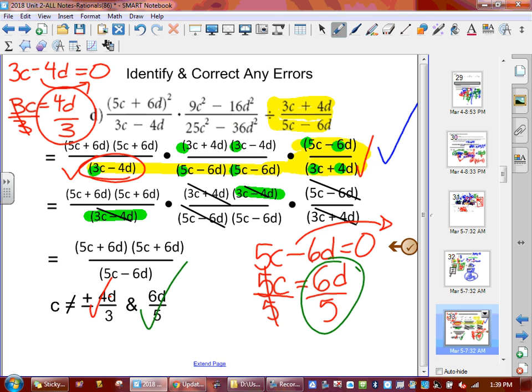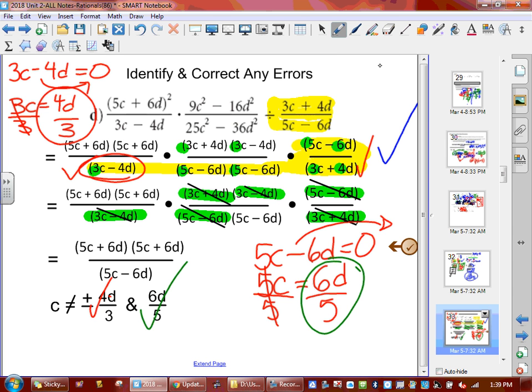Do they have everything else correct? What's left over? Right. We have the 5 minus 16. So this guy stays on the bottom, and we have 2 of those guys on top. Did they get that right? Yes. Okay.